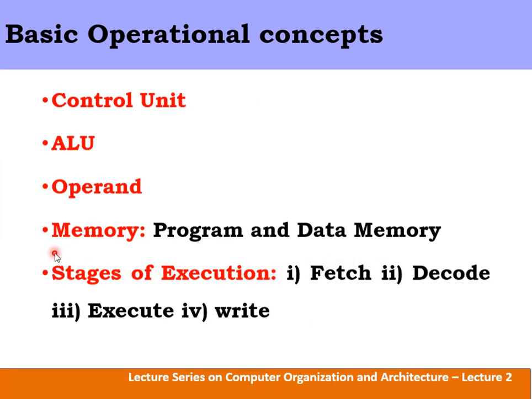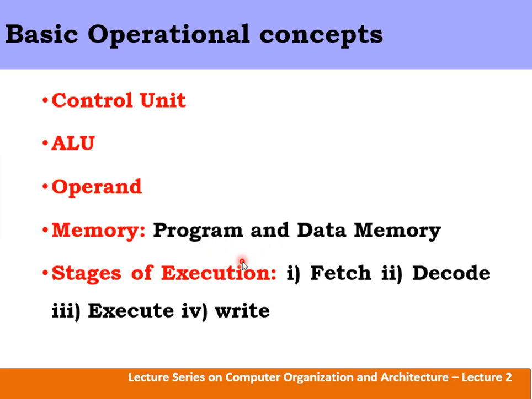Now next we'll move to memory. We know that memory is used to store information. The type of information we are going to store is a program or data. So basically, when we are going to store any information, we specify which type of memory it is.